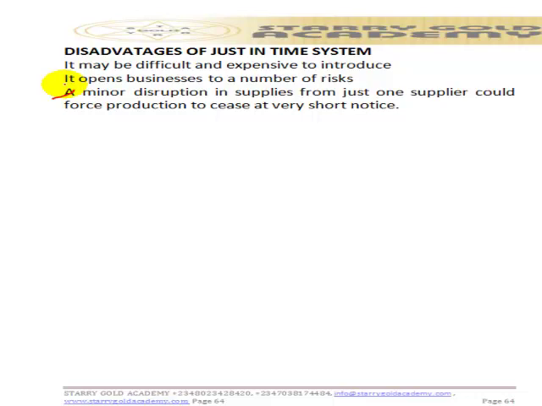So if materials are not delivered on time, then there may be a serious disruption of production activities. It may also be very difficult and expensive to introduce, if you decide not to keep items in store when there is demand and items cannot be supplied as they are needed. So that is our material control system.